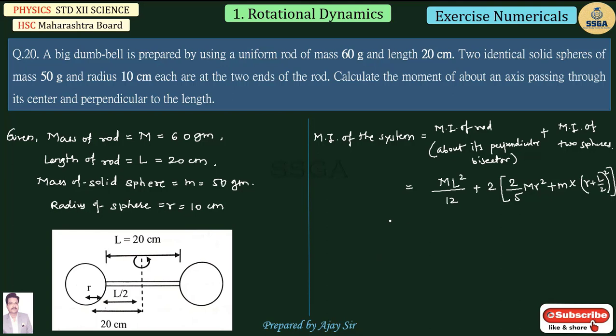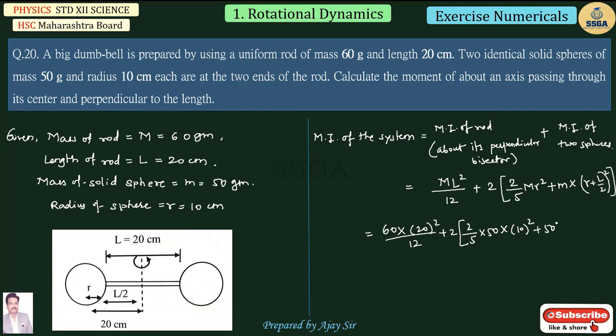So after putting the values, let us put all values now. Some space is there, so we will write start here, m which is equal to 60 into L which is equal to 20 divided by 12 plus 2 into 2 upon 5 into 50 into 10 square plus 50.